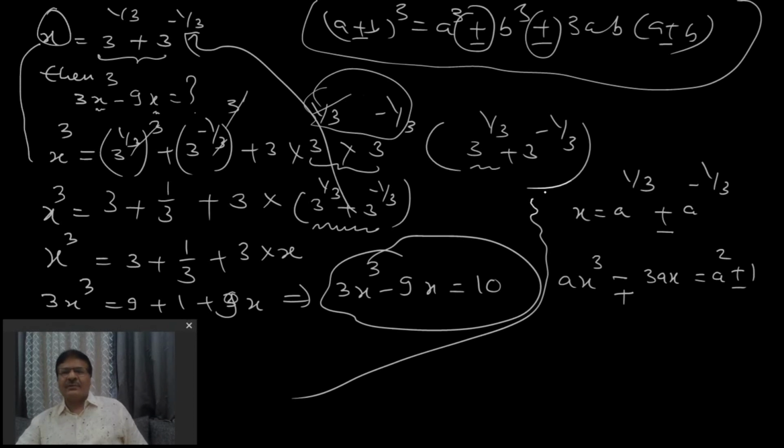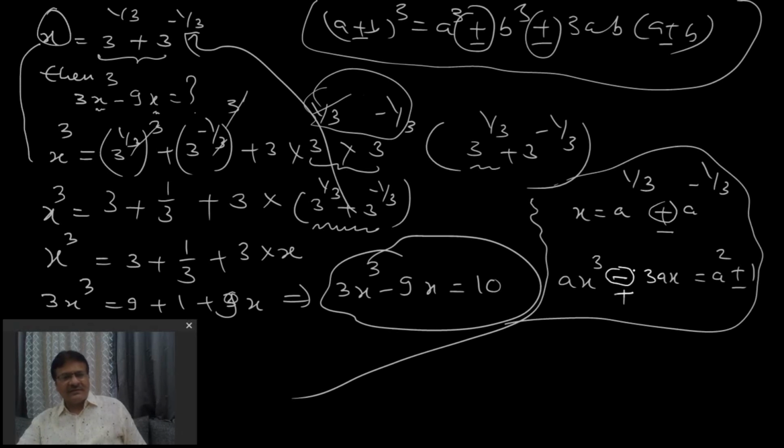This way you can remember the formula. If you take positive sign here, then you take negative sign here and a positive sign here. And if you take negative sign here, then here positive sign and here negative sign.